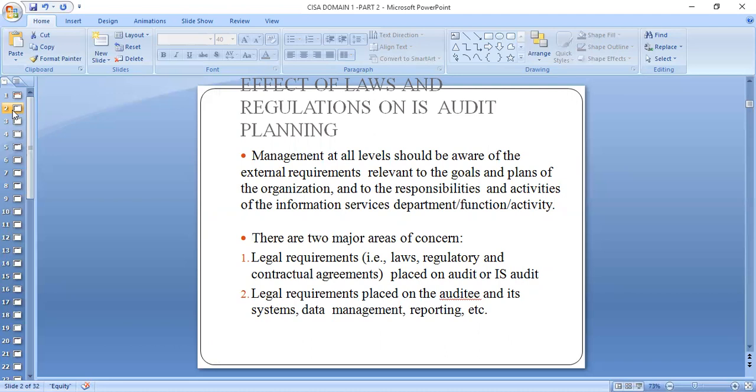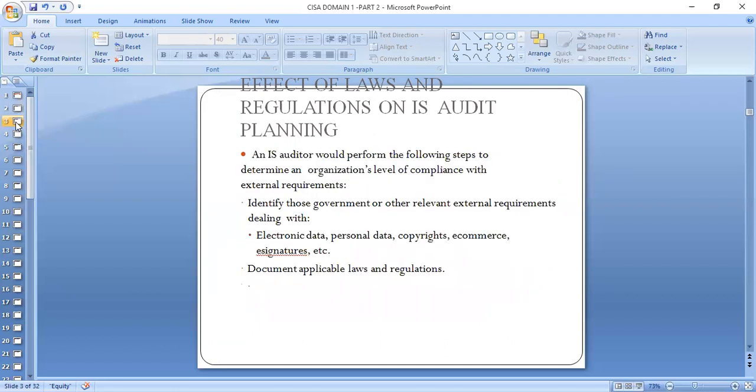So the auditor needs to gather the documentation on all the laws and regulatory requirements that are relevant to the organization being audited. You as an auditor are also supposed to be aware of the laws and regulations that are relevant to your work as an IS auditor.